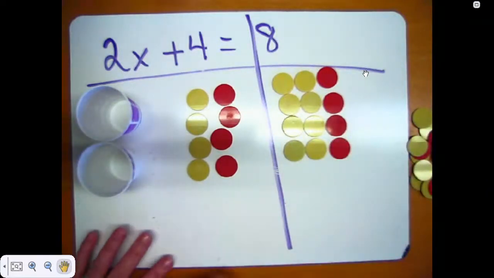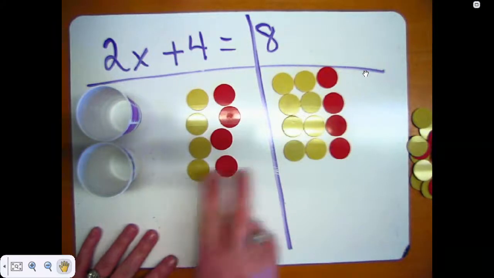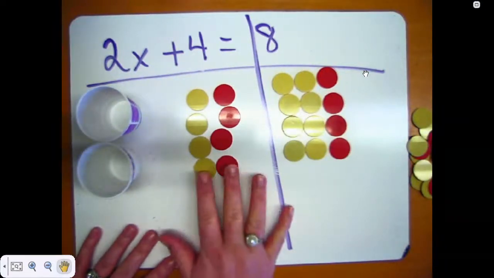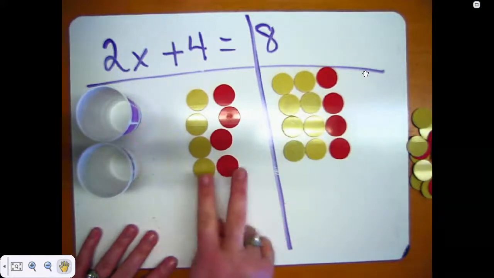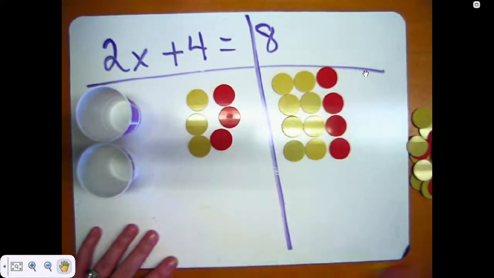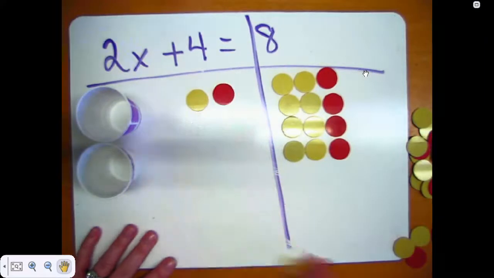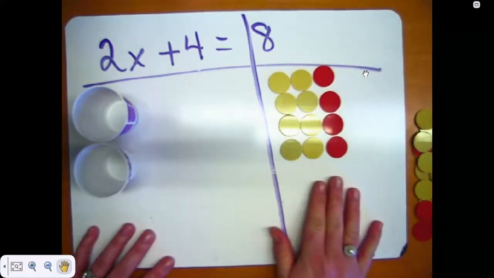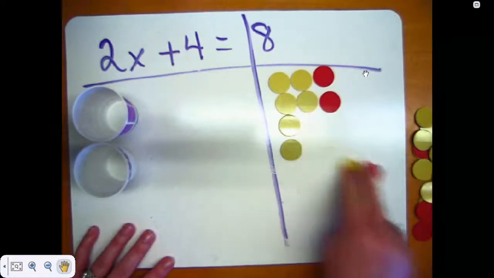Okay, once I do that, I see that I have 0 pairs, which are the same thing as additive inverse. A positive 1 and a negative 1 makes 0. So we're going to remove our 0 pairs. I also have 0 pairs on this side, so I'm also going to remove those.